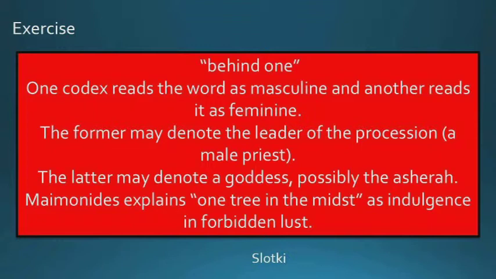The latter may denote a goddess of some kind, and it may even possibly be the Asherah. Maimonides explains that one tree in the midst is an indulgence, meaning an indulgence in forbidden lust. There are other possibilities found in this very simple phrase, behind one.